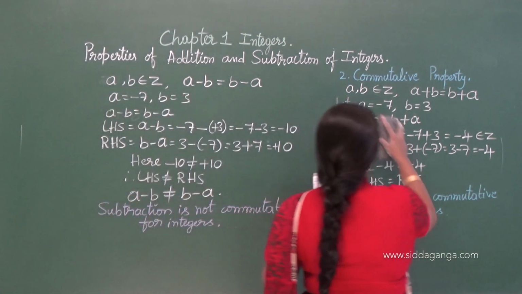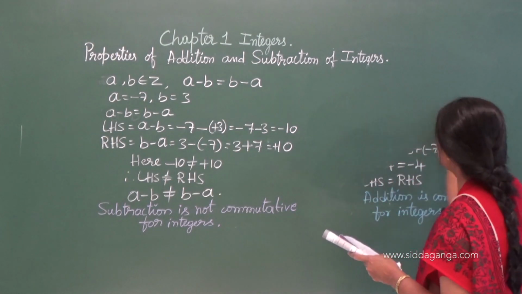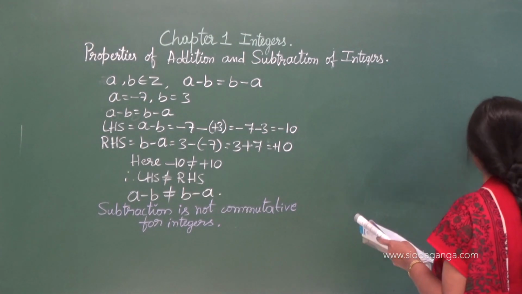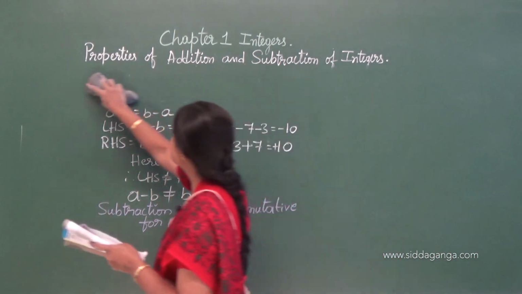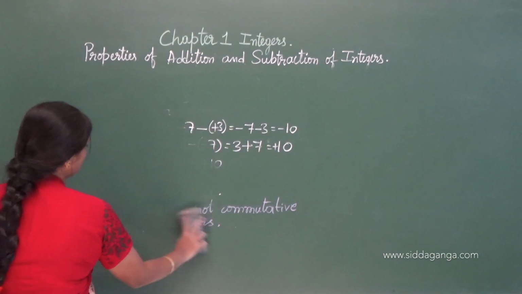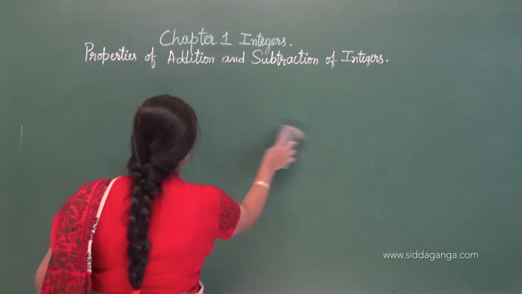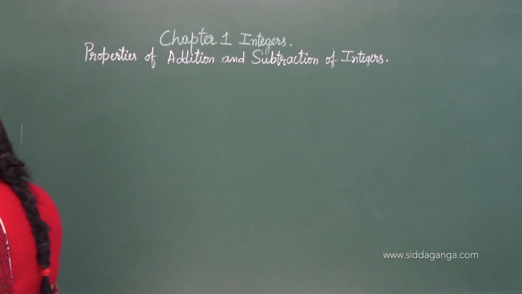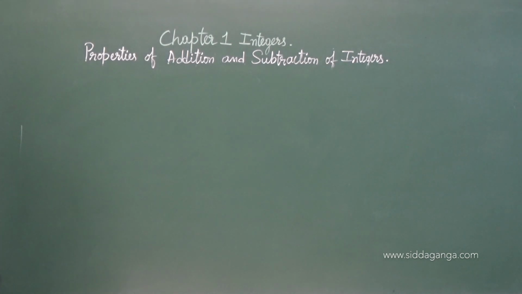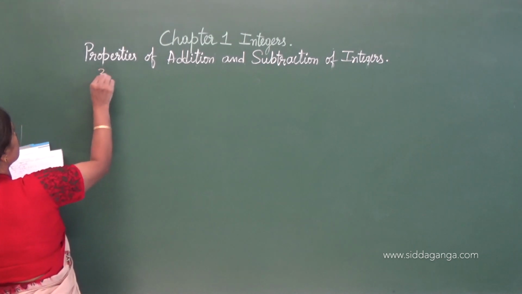Let's check the associative property. So the third one is associative property. I think you learnt in previous class, in class 6, about these properties.